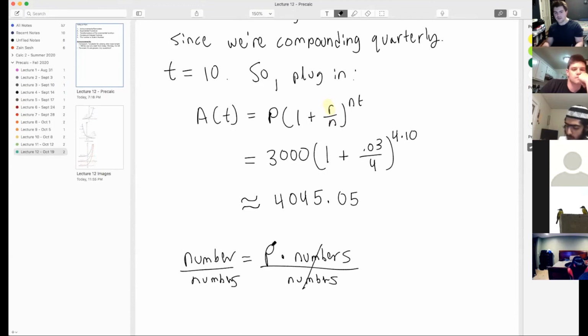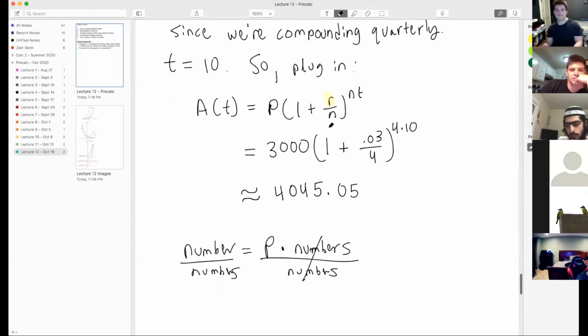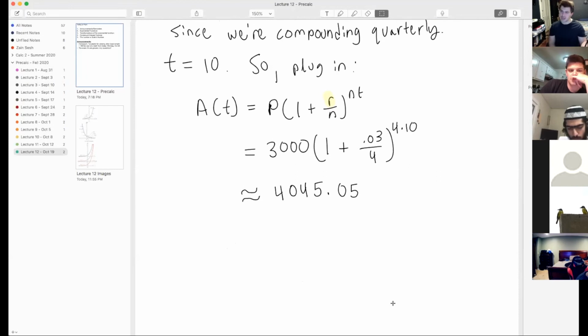So P will be number over number. I know that sounds kind of silly, but you're just going to have an expression involving P times some number. You just have to isolate it by dividing both sides by whatever is here. So it's just like algebra. That'll be on the homework, so just look out for that. I just wanted to give you guys a warning. On the homework, you'll be solving for P, not A of T.